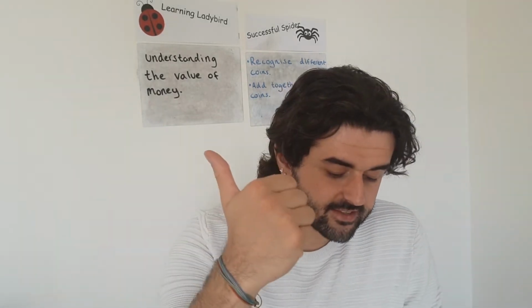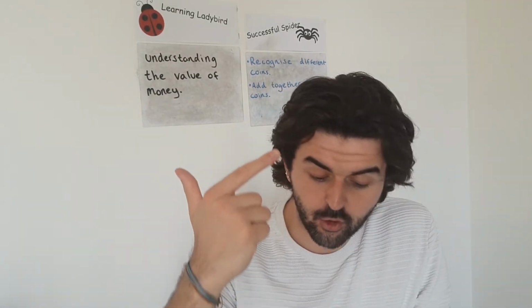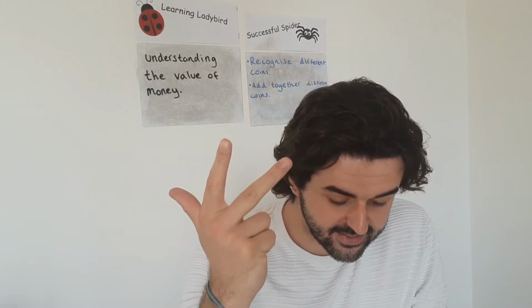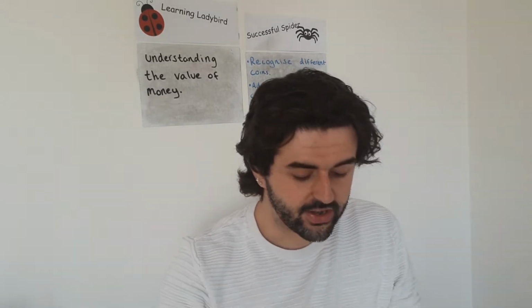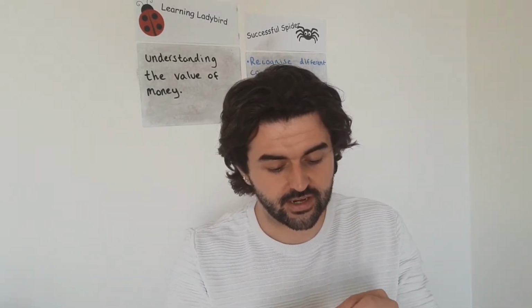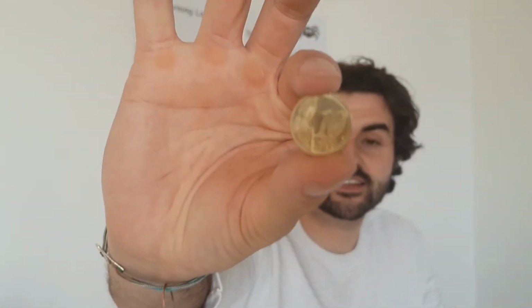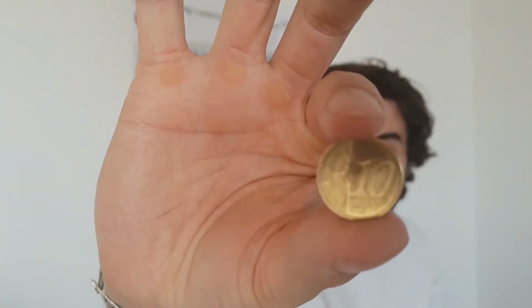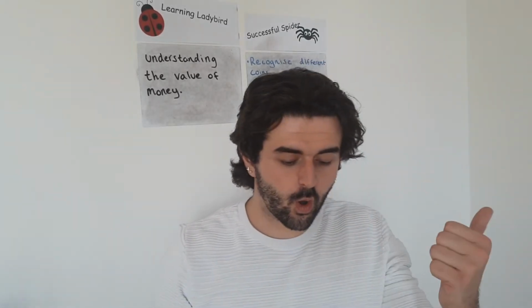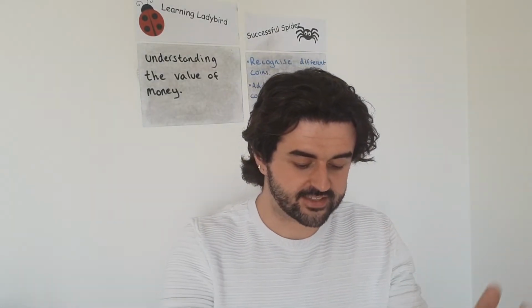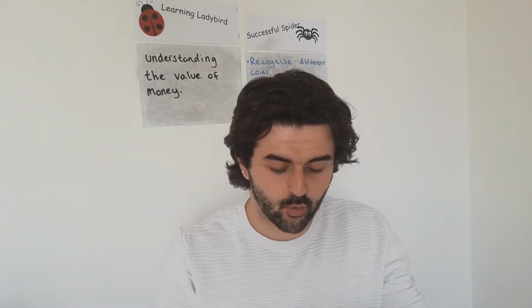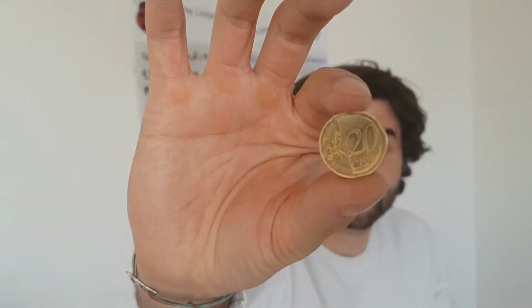We have the 1 cent followed by the 2 cent followed by the 5 cent. And our next coin is the 10 cent. See? So it goes 1, 2, 5, 10, and after that we have the 20 cent coin.